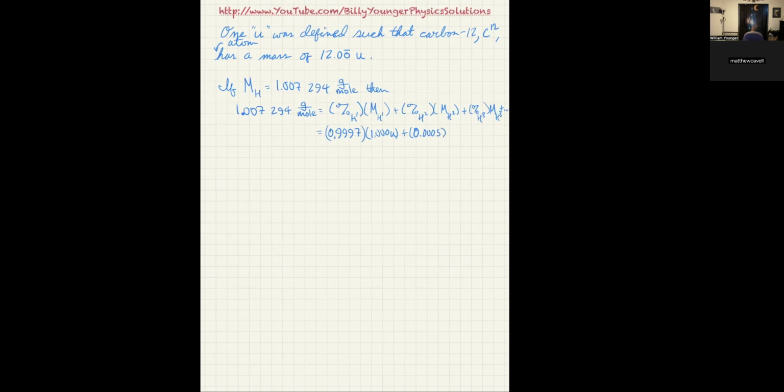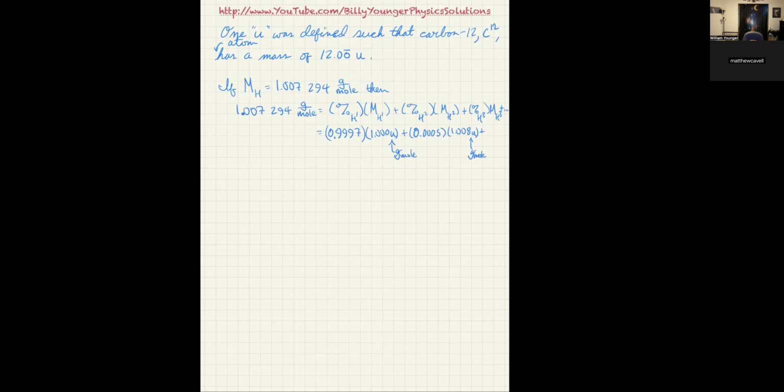Times 1.000 U, plus, in this case, let's say 0.0005 times 1.008, something like that. Actually I shouldn't say U, this should actually be grams per mole, and this one should actually be grams per mole as well.